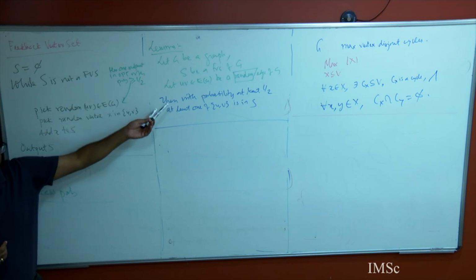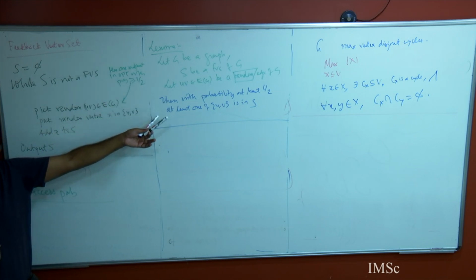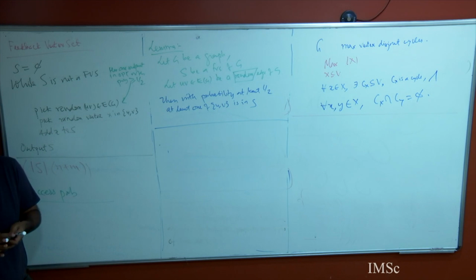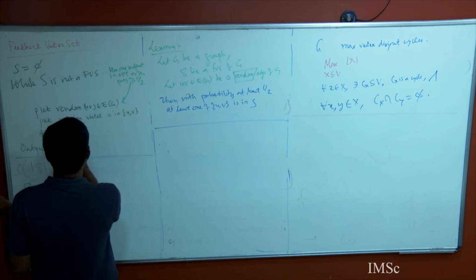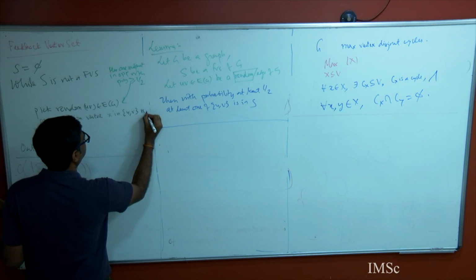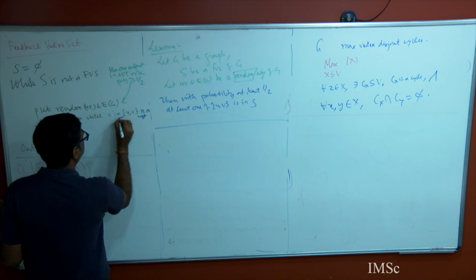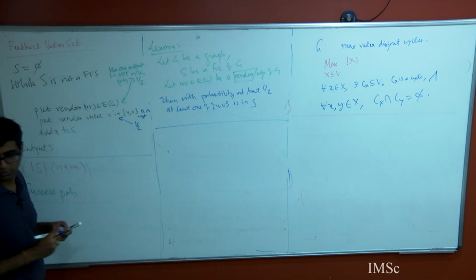Leave that to me. This is my lemma, so let's assume it for a moment. I didn't give you a proof for the lemma. Then pick a vertex, and it is in opt with probability at least another half.